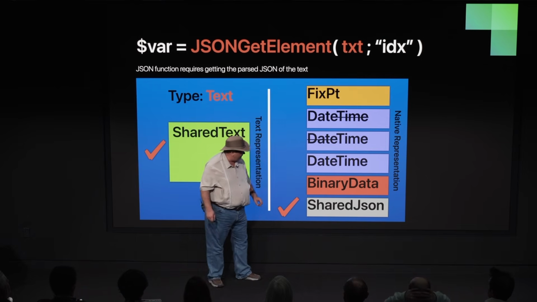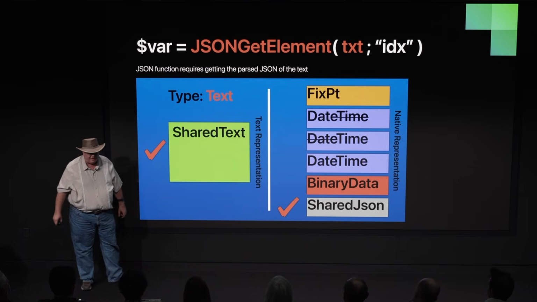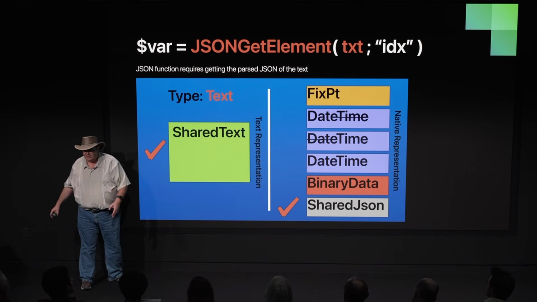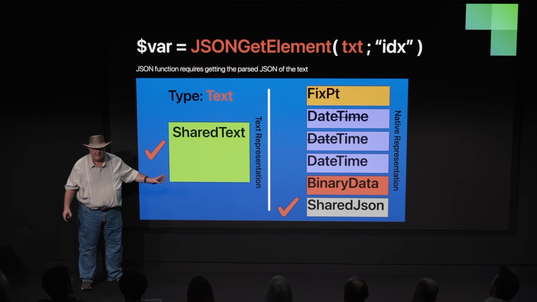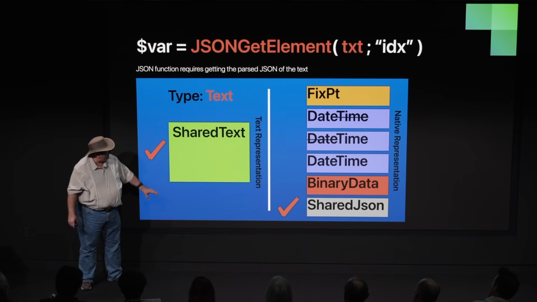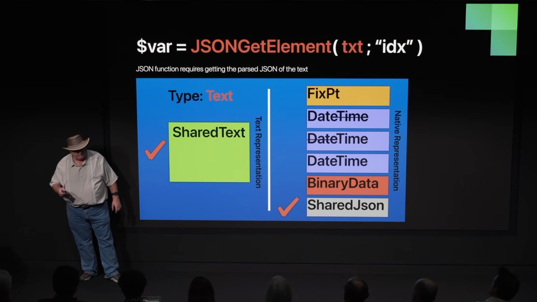It's a shared JSON binary representation, which is very much like the shared text. So if we need to use that elsewhere, and we're copying it, we don't have to make another copy of the same JSON. It's just using that shared copy. The ref count gets bumped by one. But if you then manipulate it, like you delete a node or add a node to it, then it has to split it at that point. So it has the same behavior like the text object in that case.